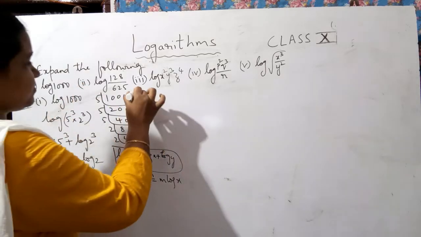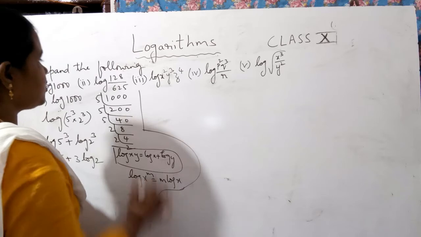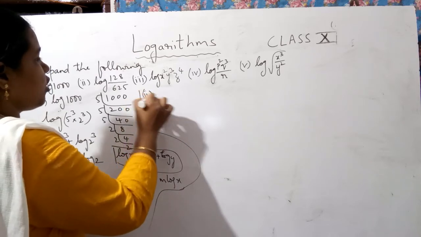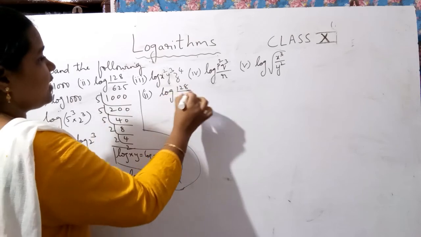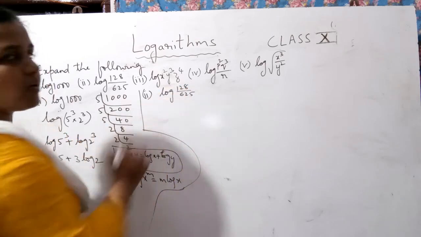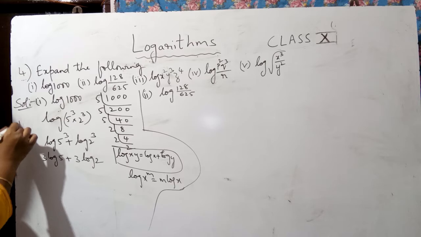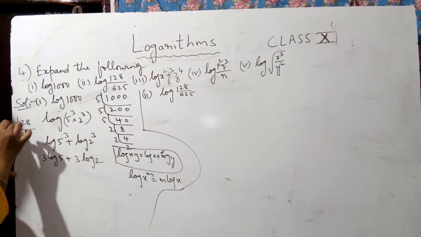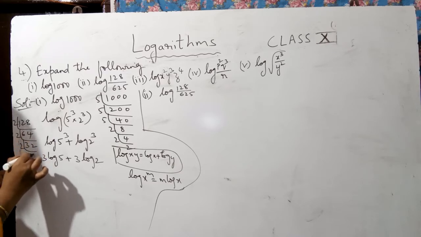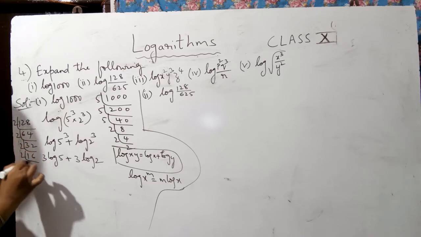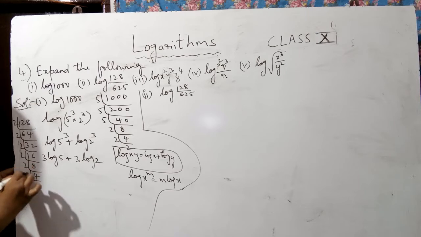Similarly, the second bit is log 128 by 625. Now write the factors of 128. What are the factors of 128? 2 4s are 8, 2 8s are 16, and so on.